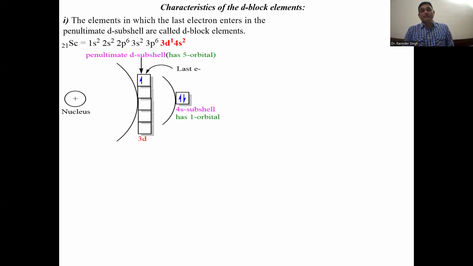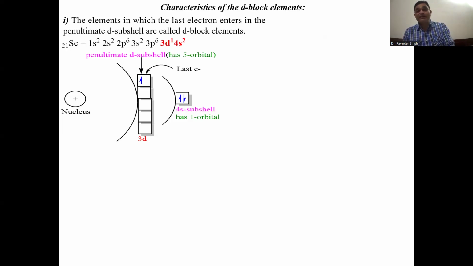As we all know, the configuration of calcium, the element just before scandium, whose atomic number is 20, is 1s2, 2s2, 2p6, 3s2, 3p6, and 4s2, meaning 4s is already filled up to calcium. Then the next element, 21, scandium, is where the next electron will enter.